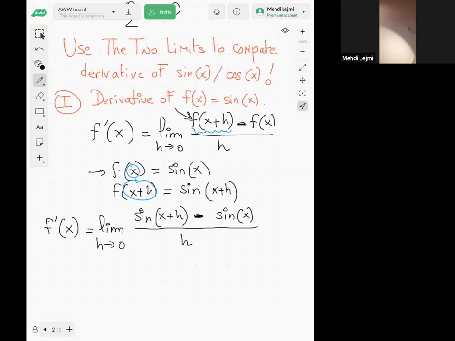And so how can we compute this limit? Well, as I said, this is just 0 over 0, so the idea would be to use trig formulas or trig identities.